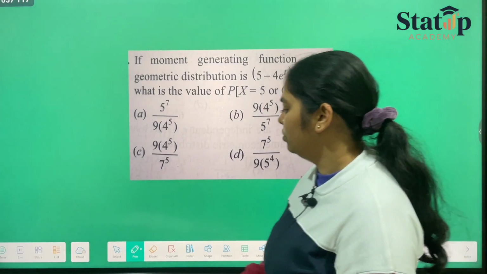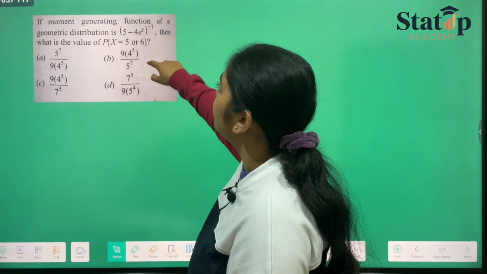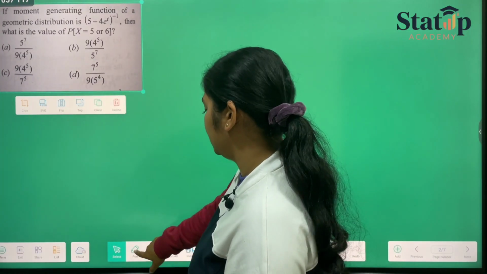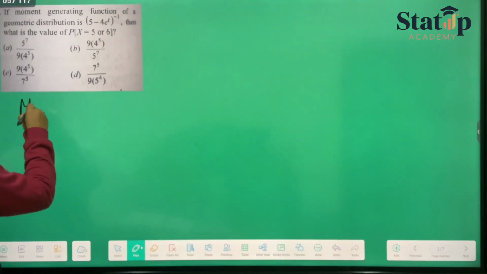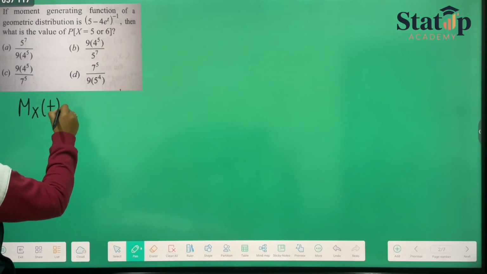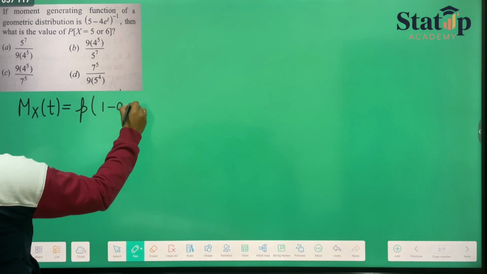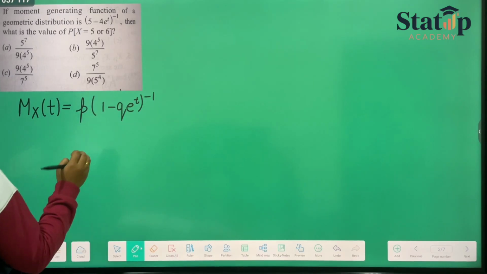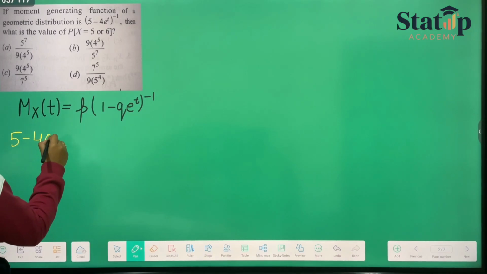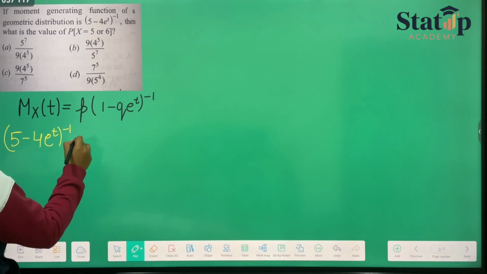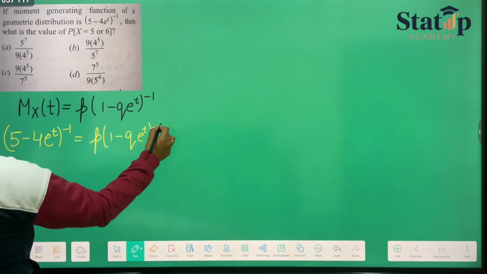Now moving forward to the fourth question, which is: the moment generating function of a geometric distribution is given as 5 minus 4e^t raised to the power minus 1. We know that for a geometric distribution, the moment generating function is defined as p into (1 minus qe^t) raised to the power minus 1.